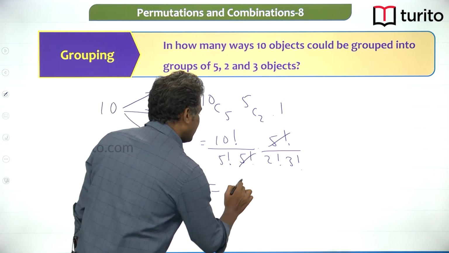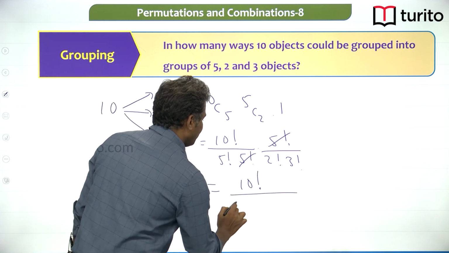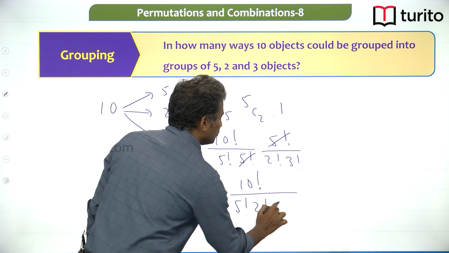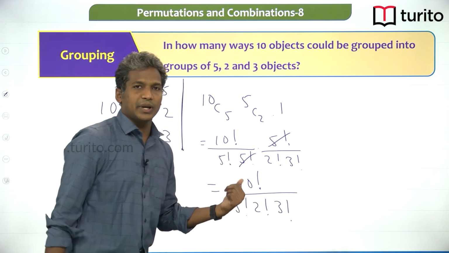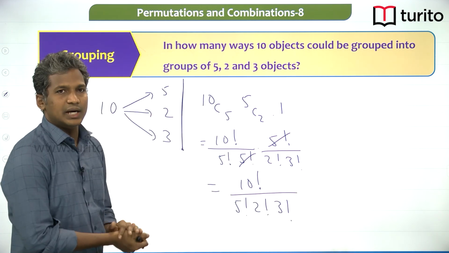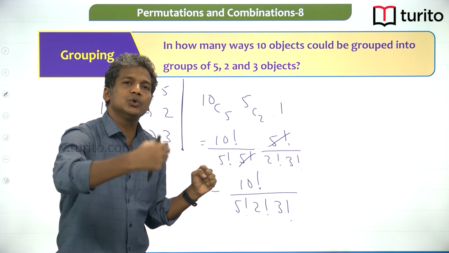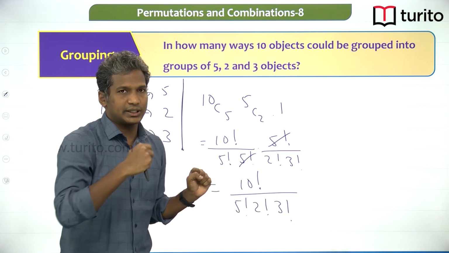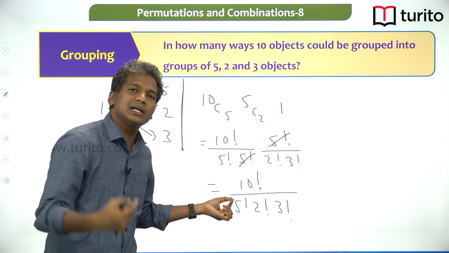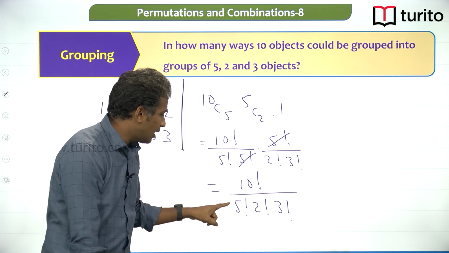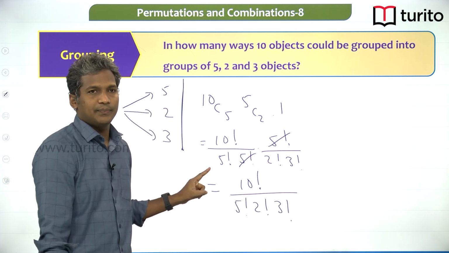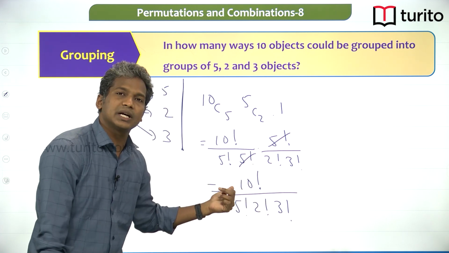Now what is remaining? 10 factorial by 5 factorial into 2 factorial into 3 factorial is remaining. Now here we can understand that there are 3 groups. Each group has 5, 2, 3 objects, and whatever the number inside that group, we have to divide with those factorials. So this way you can also understand the formula.